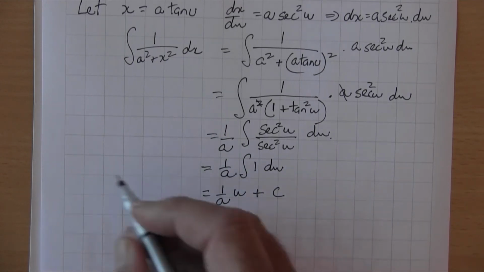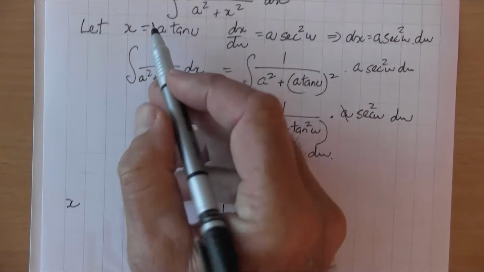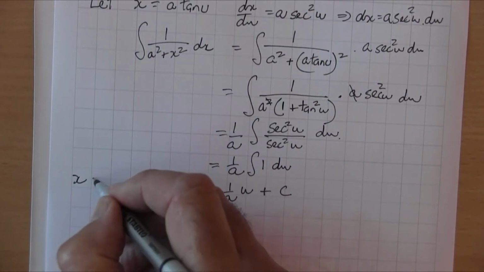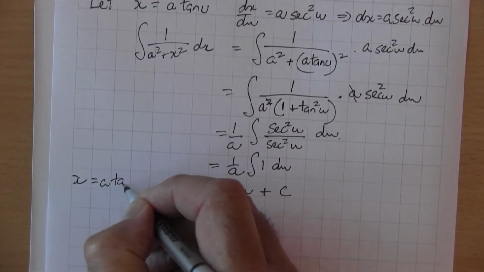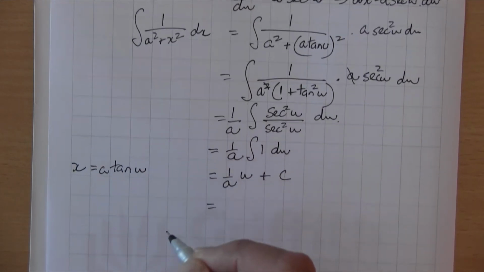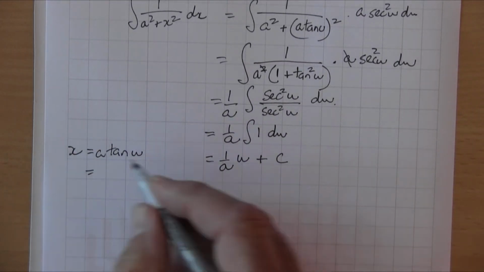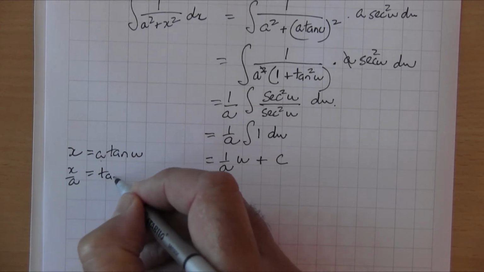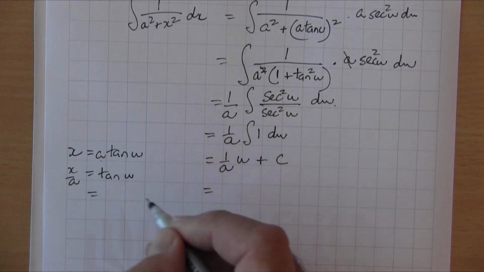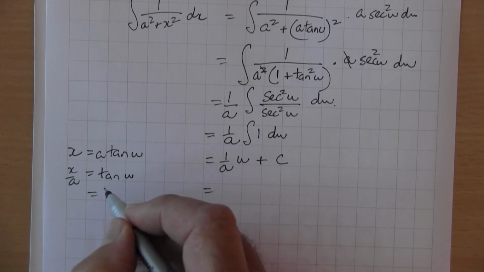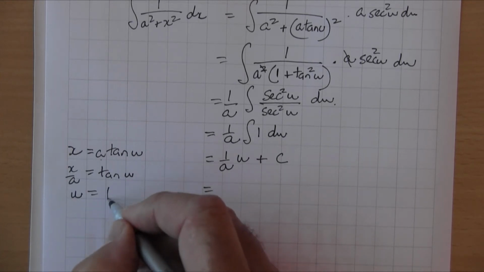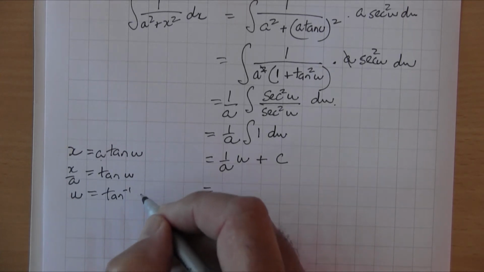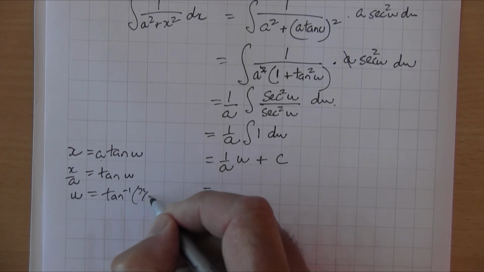Now, if x, by our substitution up here, x is equal to a tan u, we divide both sides by a, we get x on a equals tan of u. So u is the angle whose tan is x on a.